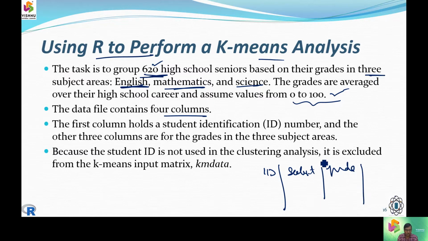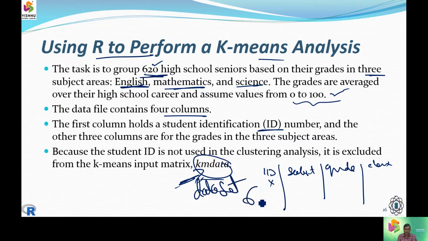So now we have this number of grades, the identifier, and another value, which is going to be the class, etc. So now the first column is going to hold the ID, and it is not needed for the analysis, so we don't look at this item. Now KM is going to be the data set.